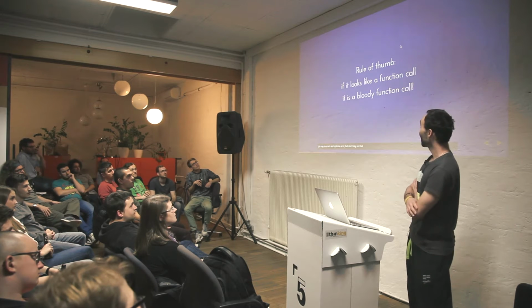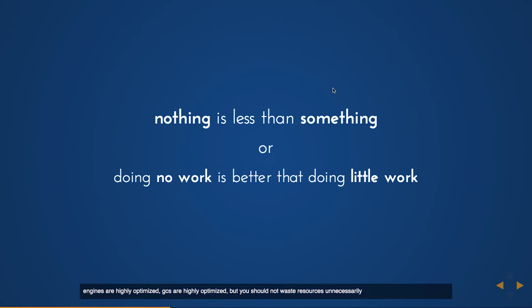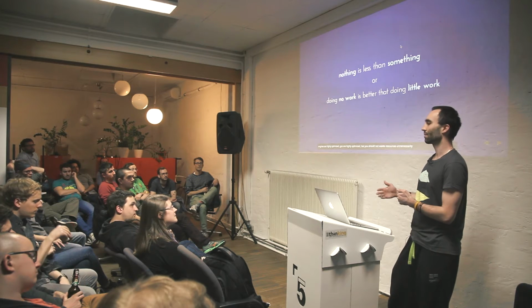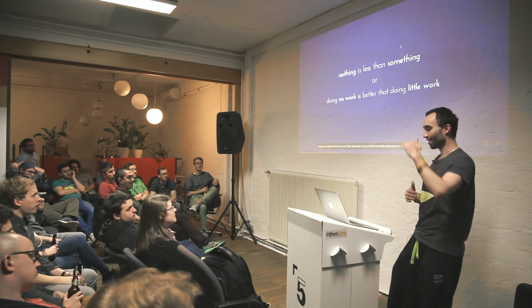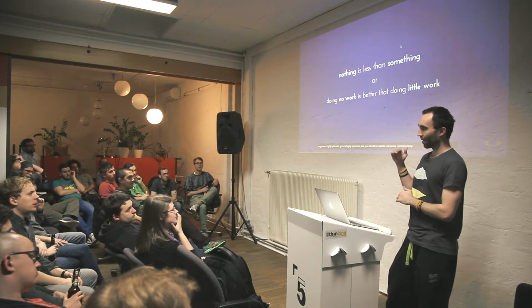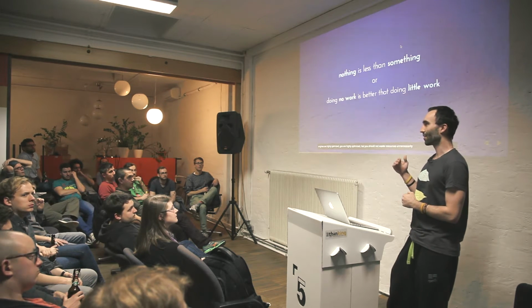So the rule of thumb is, if something looks like a function call in JavaScript, it is a function call. As I said, JITs may be smart, and sometimes they can optimize things out, but don't rely on that. There are some languages, not JavaScript, that have unit tests for big pieces of code, with whole chains of function calls and structures, that have absolutely no runtime costs.